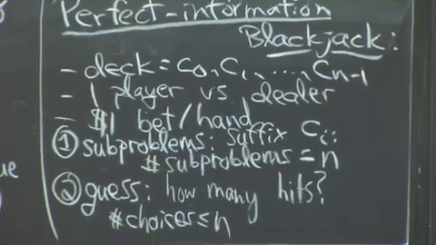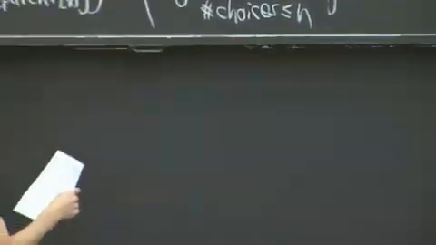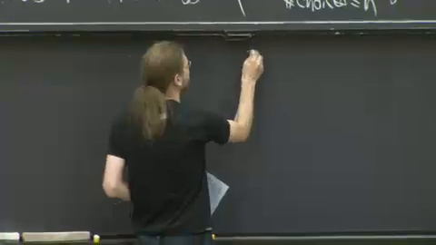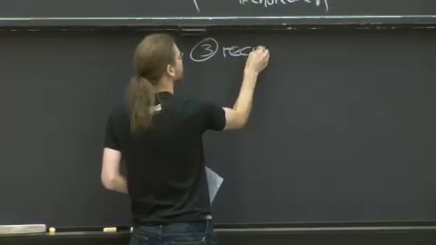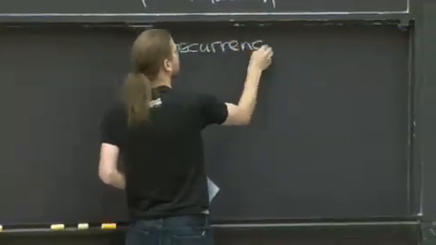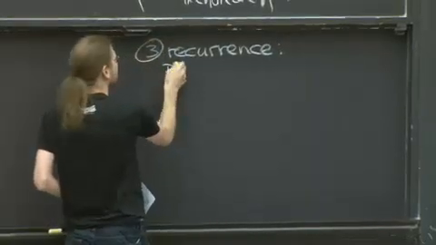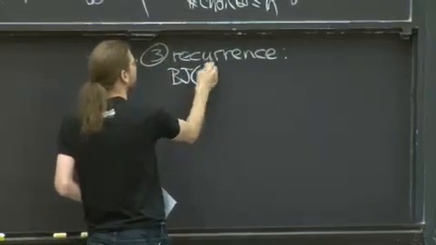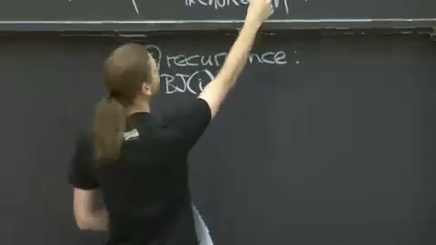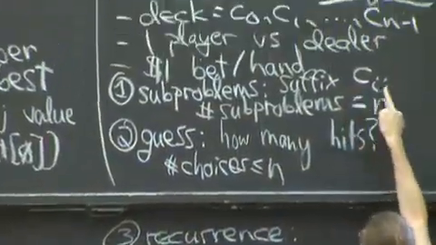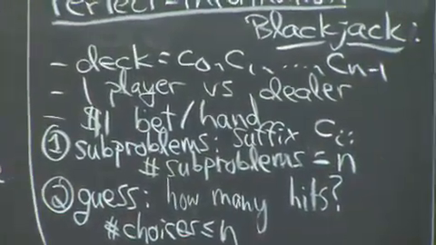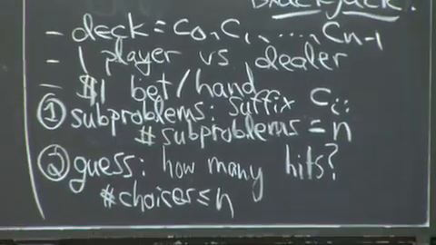Okay, now we go to the recurrence. So I'm going to call this blackjack of i, the solution. I want to solve this subproblem from i onwards. What's the best play?